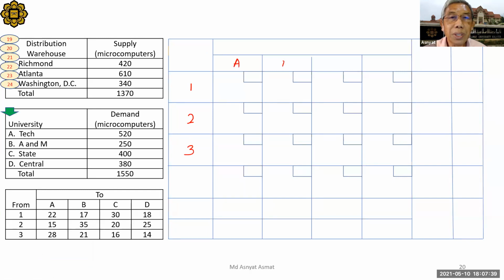Demand A, B, C, D. The costs: 22, 17, 30, 18, 15, 35, 20, 25, 28, 21, 16, 14. Here supply, demand.